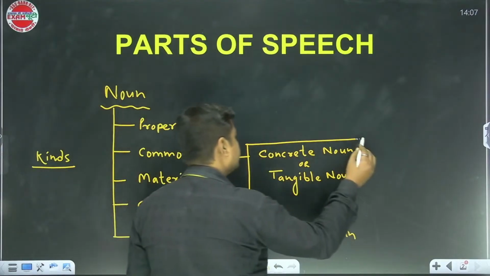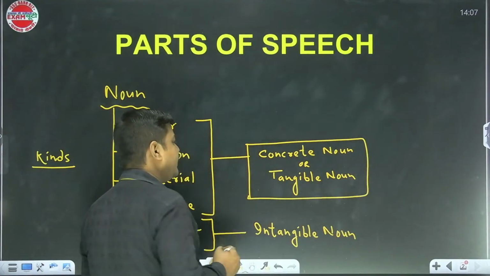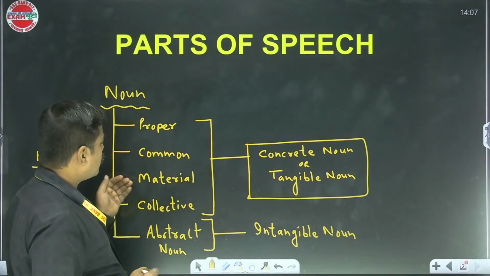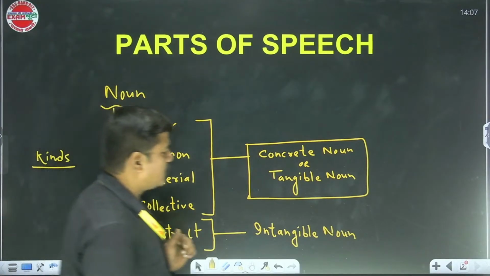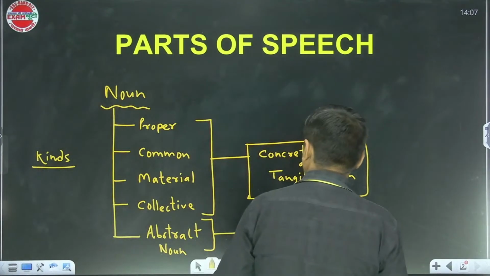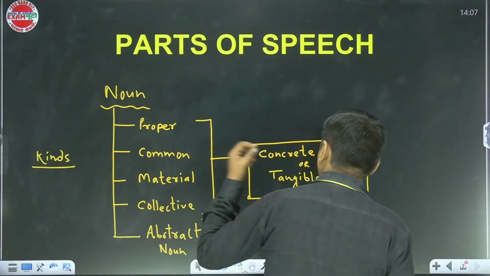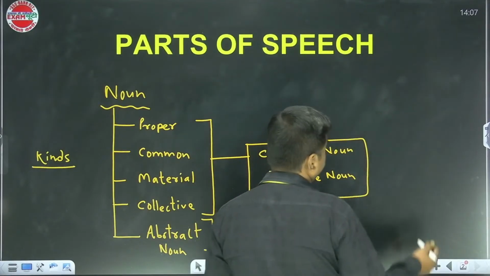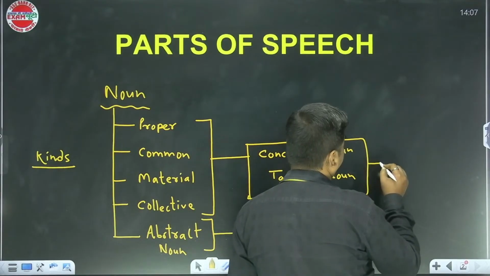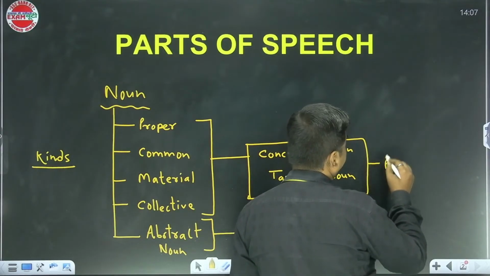Concrete noun, all the nouns that are concrete, it means proper noun, common noun, material noun, and collective noun, those we have a common name, that is a concrete noun or tangible noun. They all have physical existence.